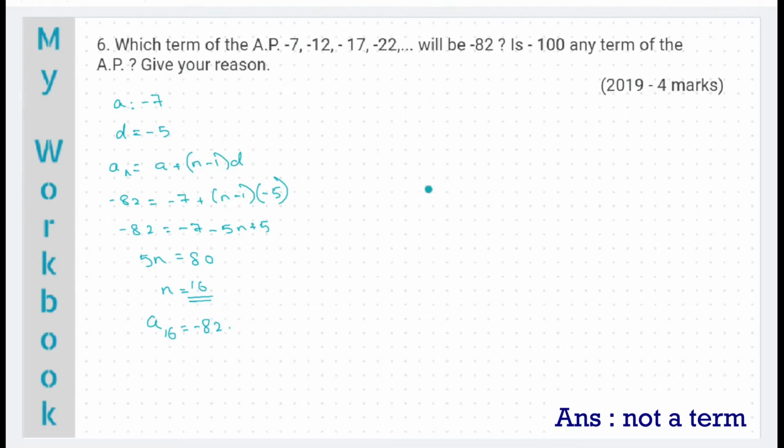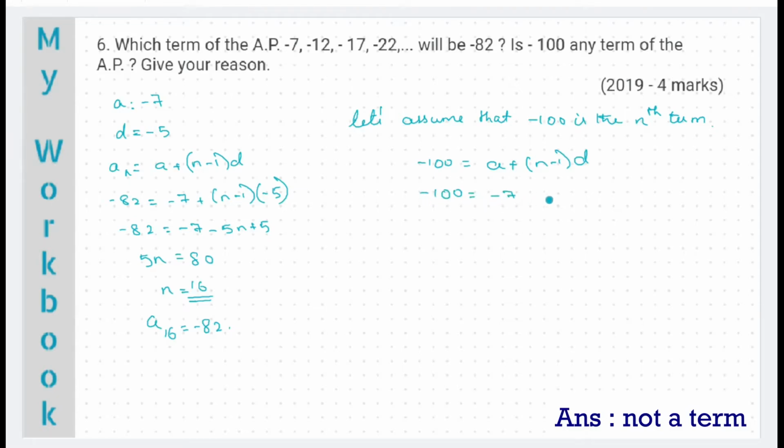Now we need to find if minus 100 is any term of the given arithmetic progression. Let's assume that minus 100 is a term. So let minus 100 be the nth term of this arithmetic progression. So minus 100 will be A plus n minus 1 into D for some value of n.